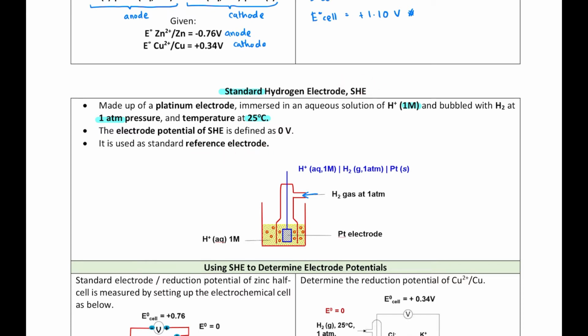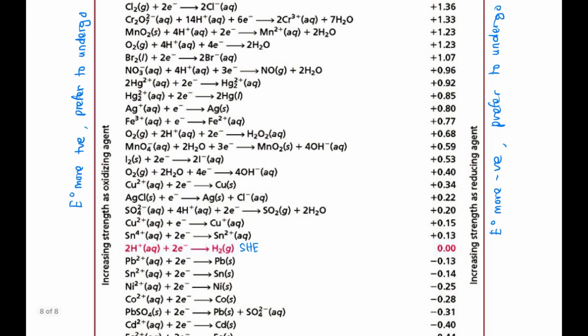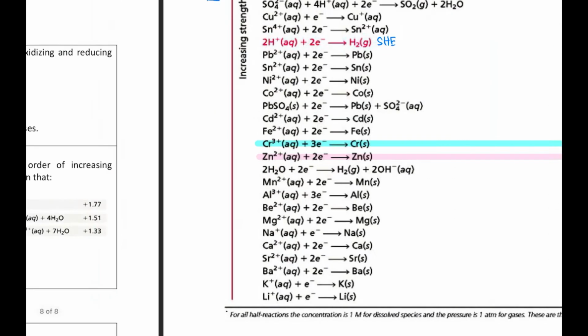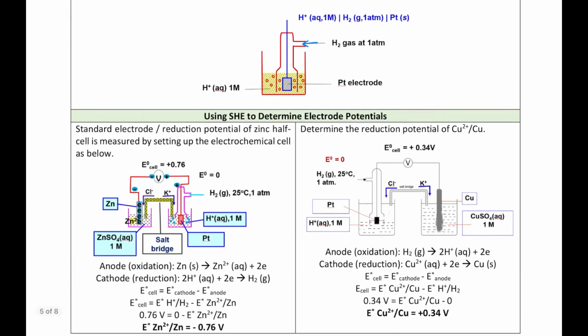That means all the data yang dalam table tadi tu, okay, so back to this table, all this data actually can be obtained bila kamu pairkan kamu punya galvanic cell tu dengan SHE. Okay, so maksudnya macam dalam gambar rajah bawah ni lah.